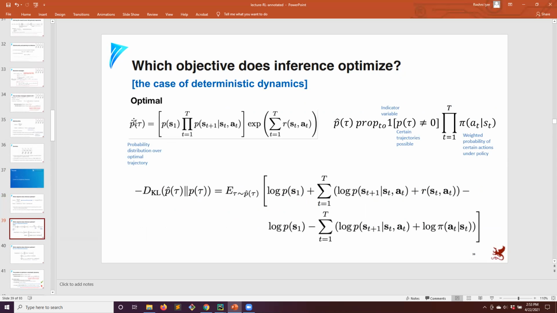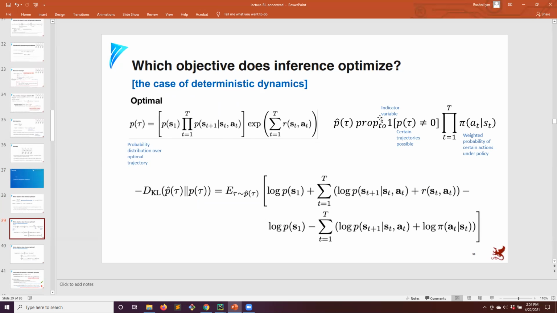So we will eventually reach the optimal policy. So again, this part is the function for the policy. Let's call this the probability distribution over this optimal trajectory tau. And then we have this p hat of tau, which is just an arbitrary policy.